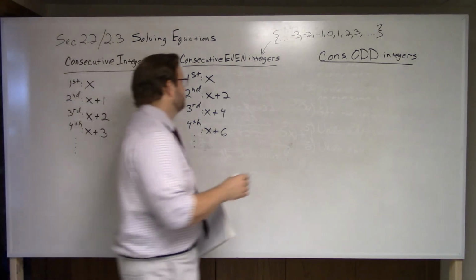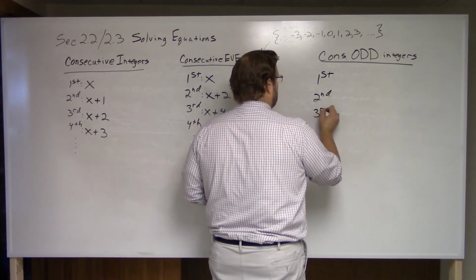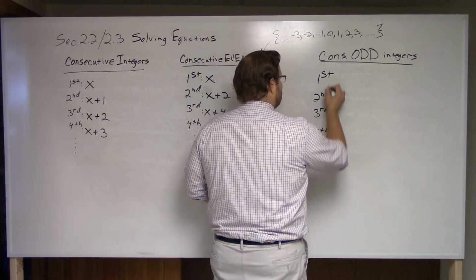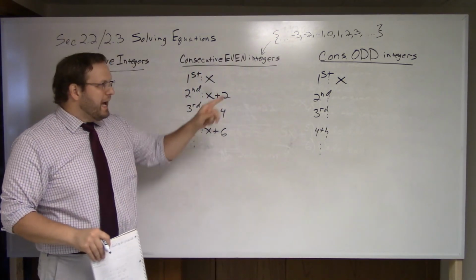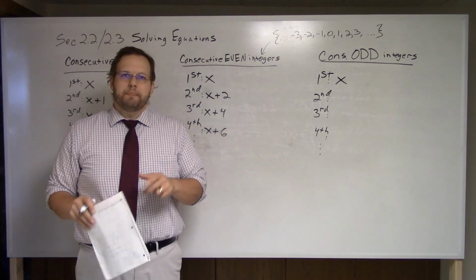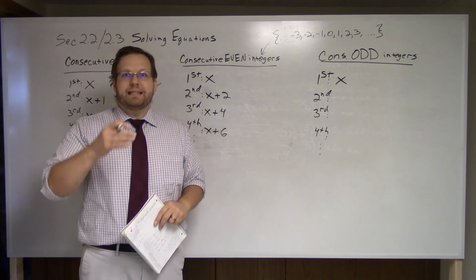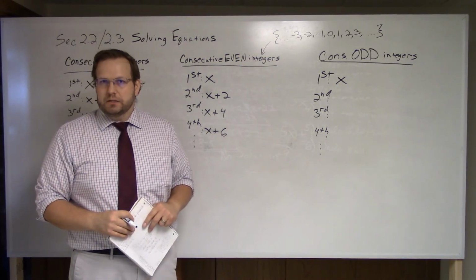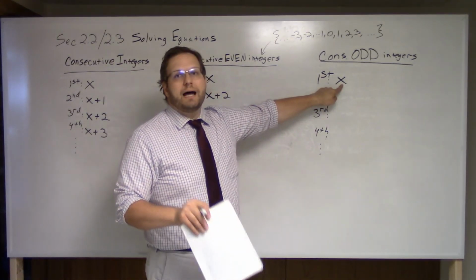Consecutive odd starts out the same way. Except the rest of it's a little counterintuitive. You think odd, you think, okay, I'm going to add 1, then 3, and so on. But if I start with like a 13, that's an odd number. If I then add 1 to that, I get 14, that's an even. So that doesn't keep me odd. I know that this is some unknown odd number.